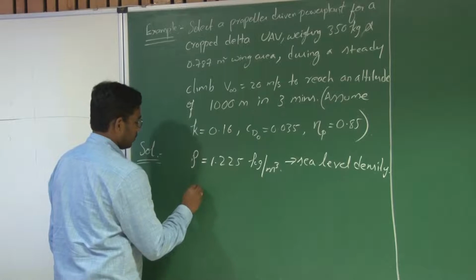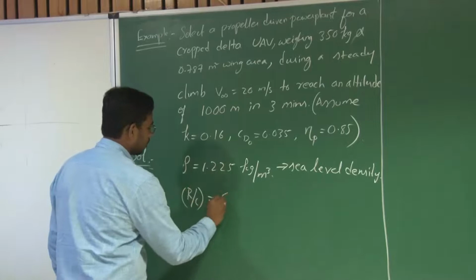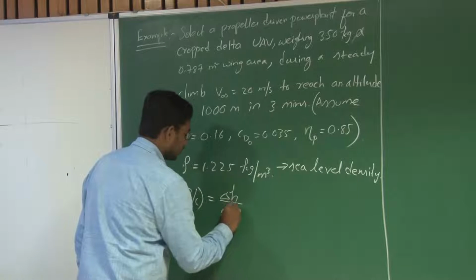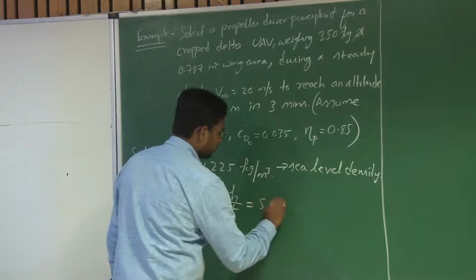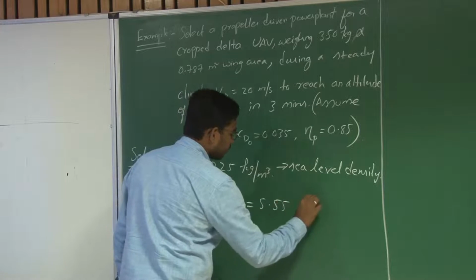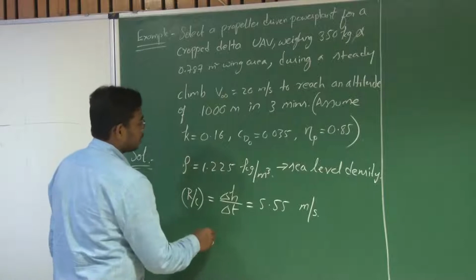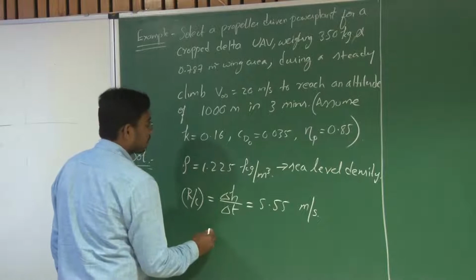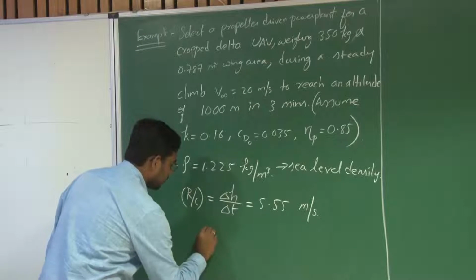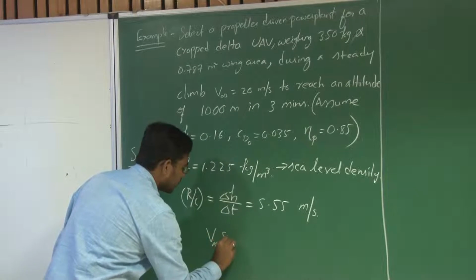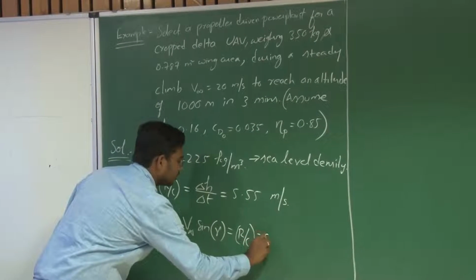From yesterday, we figured out the rate of climb for this particular case as 5.5 meters per second, which is the vertical velocity of climb. And since we need to fly at 20 meters per second, V infinity sine gamma, this rate of climb, is equal to 5.5.